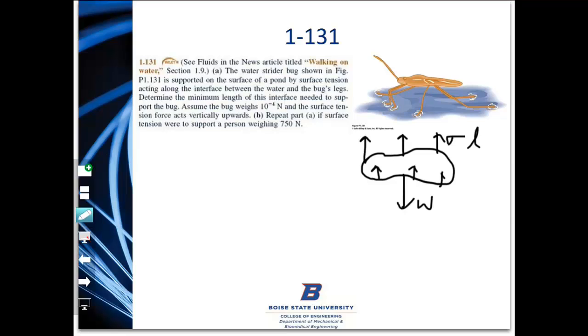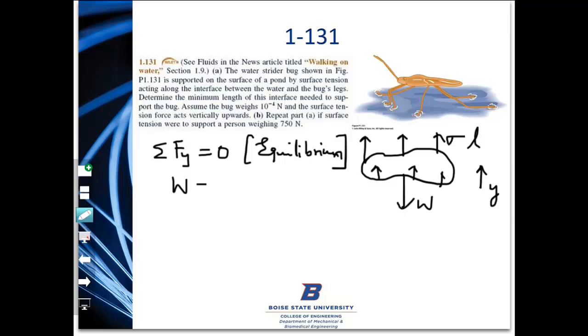If I consider this as my y direction, sum of Fy should be 0 for equilibrium. So that means W will be equal to sigma L. That's pretty straightforward. So part A, you're asked to find this length of that interface. So L will be W over sigma.